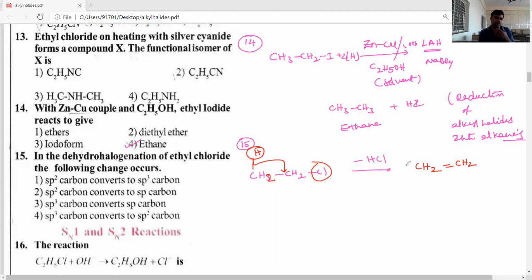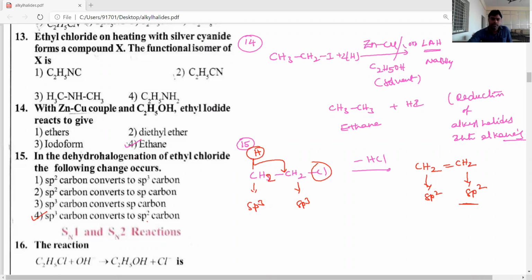Then which of the following statements is correct? See, all these carbons have 4 single bonds, so the hybridization is sp3. But carbon having a double bond has sp2 hybridization, and each carbon is sp2. So the hybridization changes from sp3 carbons converted into sp2 carbons. So the fourth option is correct.